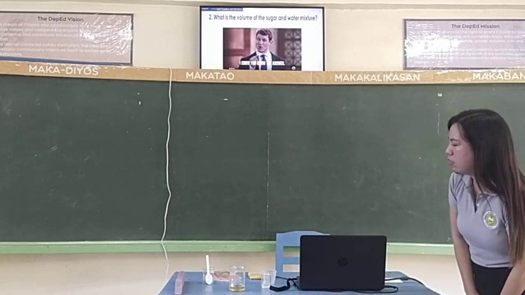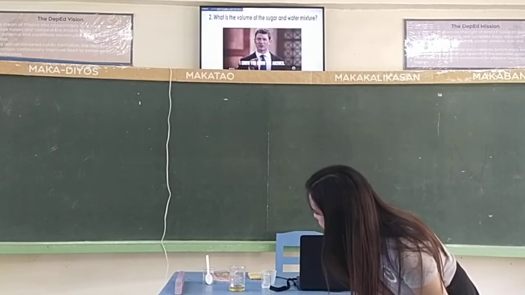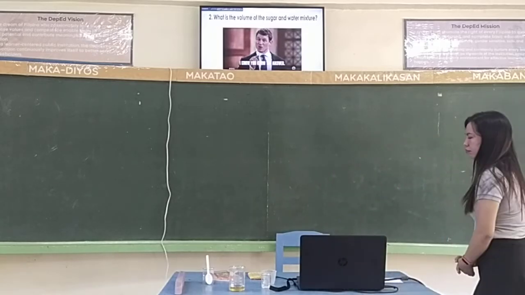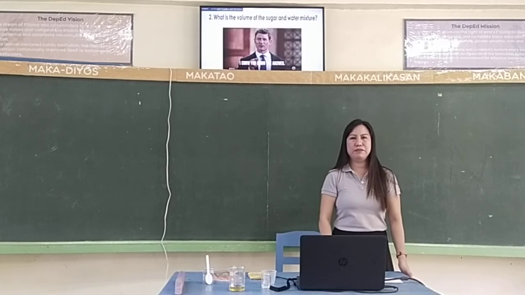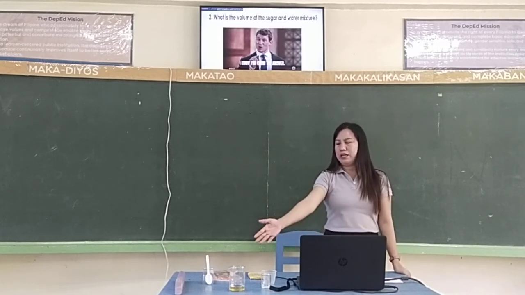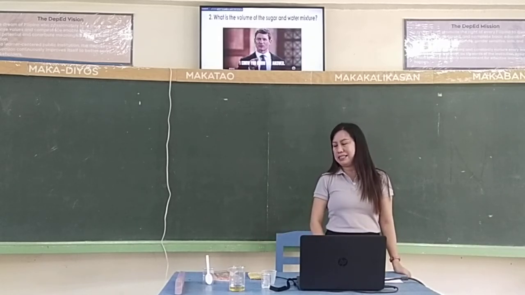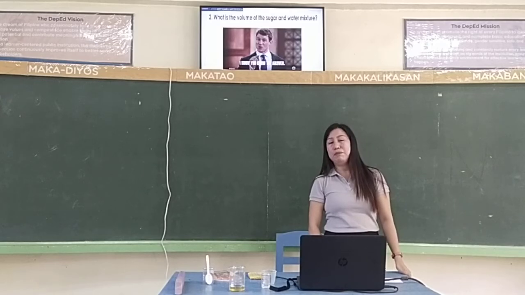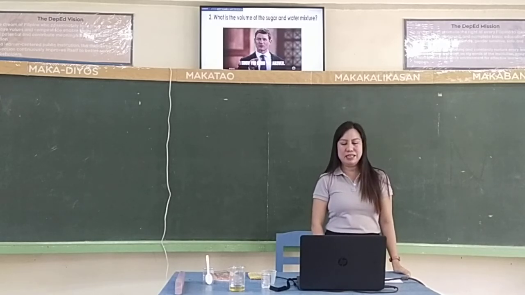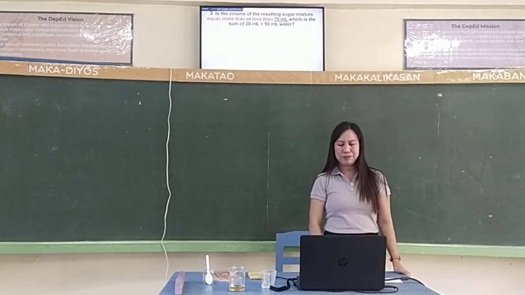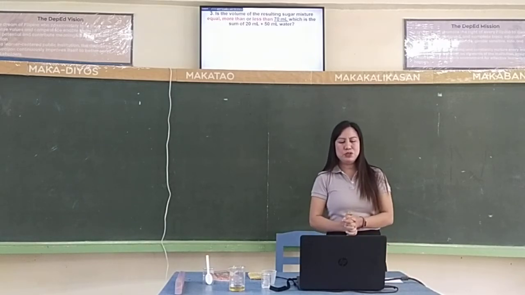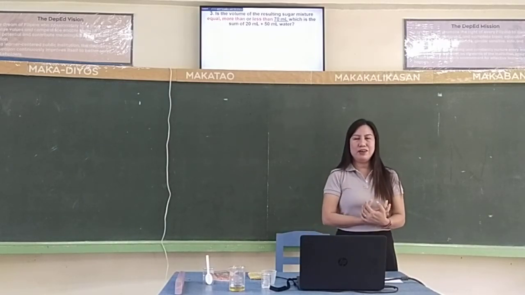Less than 70? Yeah. Okay, so what do you think is the answer? So according to the result of Miss Sophia, it's 60-plus, but not 70. So the resulting mixture is equal, more than, or less than?